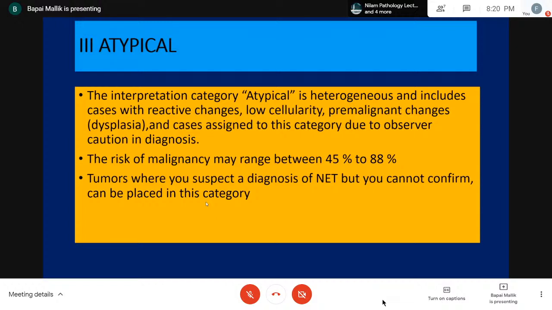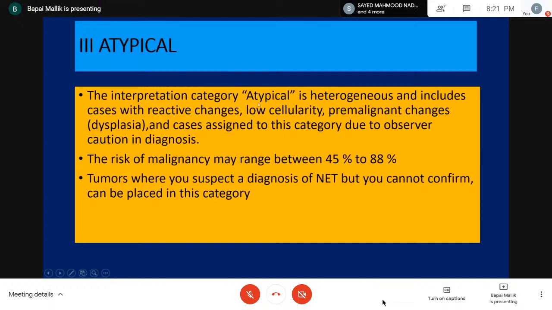What about atypical? This is tricky. The interpretational category atypical is heterogeneous and includes cases with reactive changes, low cellularity, pre-malignant changes, dysplasia, and cases assigned to this category due to observer caution in diagnosis. So most often you report cases under this category when you see specific reactive changes.